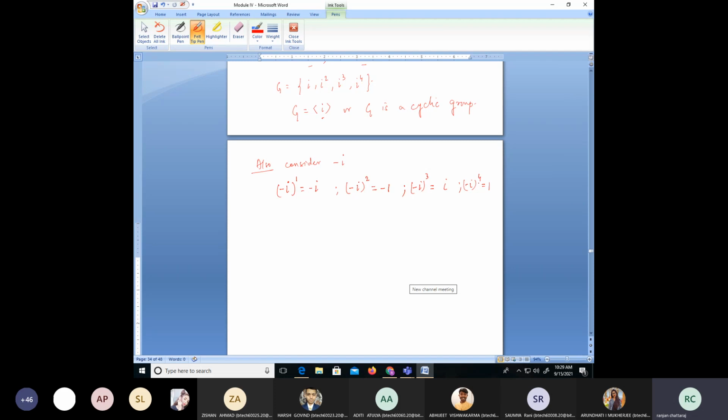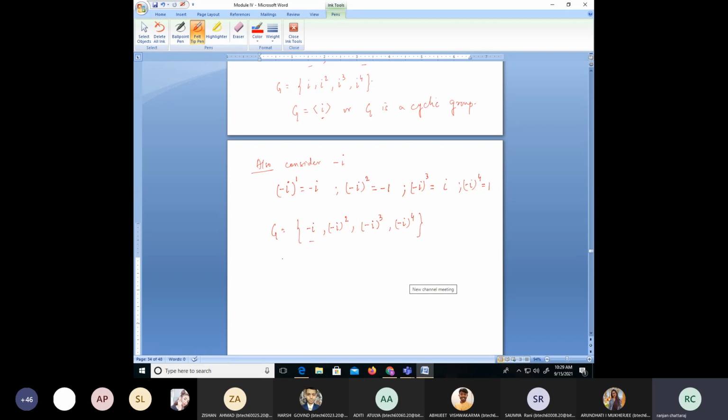So you may write G is equal to minus i to the power 1, minus i squared, minus i cubed, and minus i raised to the power 4. So all the elements can be expressed as powers of minus i.